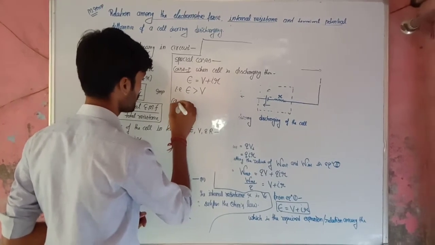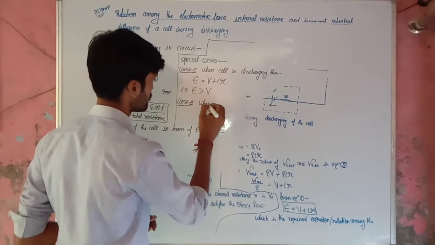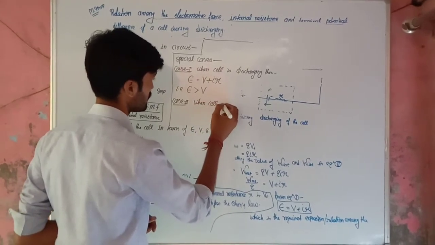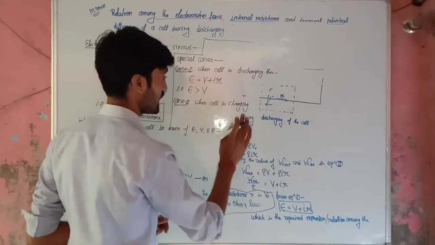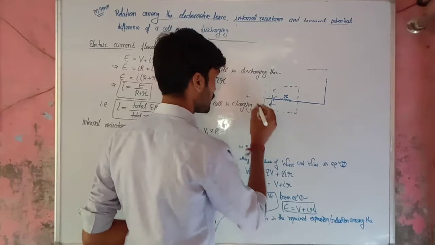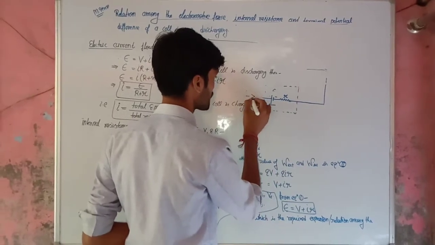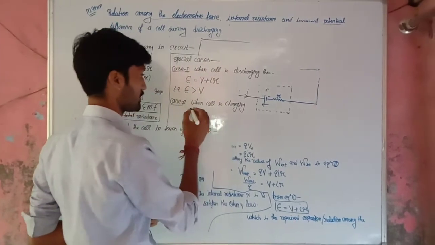And the second thing is, when the cell is charging, then the direction of current will be just opposite to discharging.